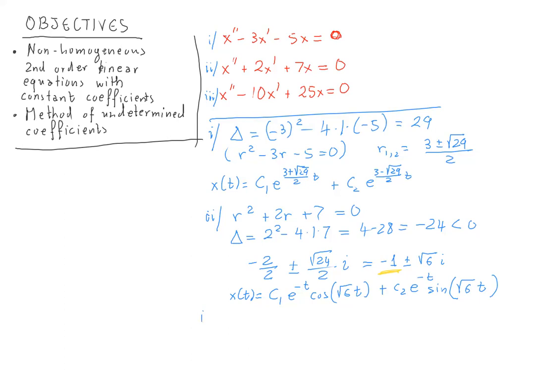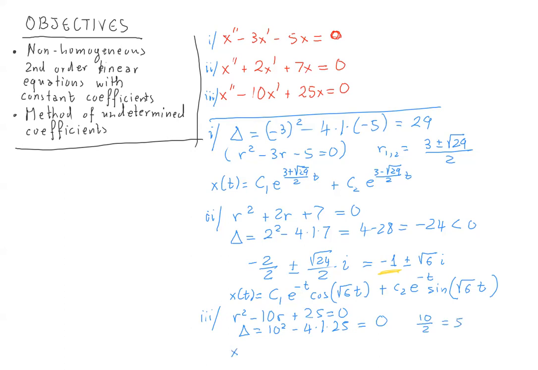And let's do the last one. So here the auxiliary equation will be r squared minus 10r plus 25 is equal to 0. Here delta is 100, so 10 squared minus 4 times 1 times 25, which is equal to 0. So you have one double root, which will be minus negative 10, which is 10 divided by 2, also known as 5.